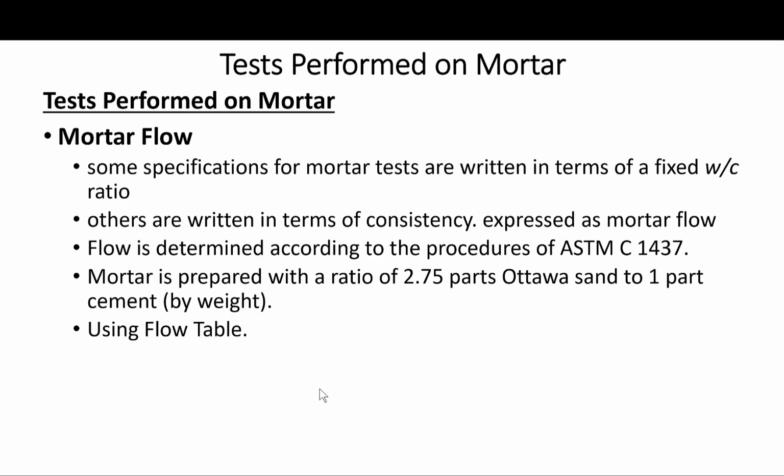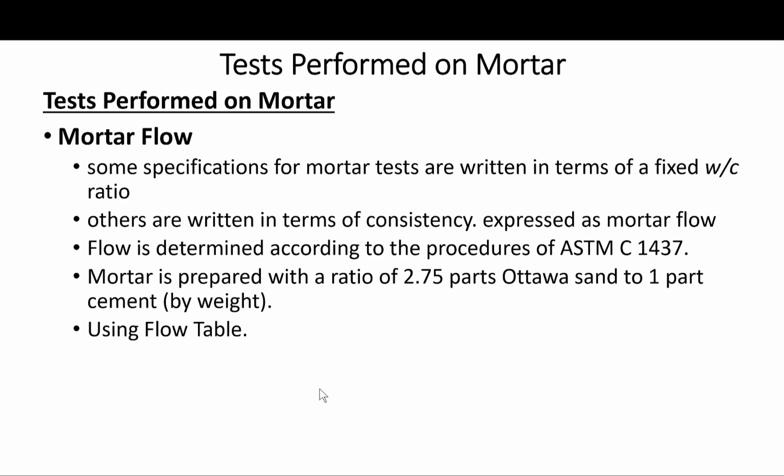Usually, mortar is prepared with a ratio of 2.75 parts Ottawa sand to 1 part cement by weight. It is compacted in a mold in the form of a truncated cone, 2 inches deep, 50.8 millimeter, with a bottom diameter of 4 inches, and top diameter of 2 inches.